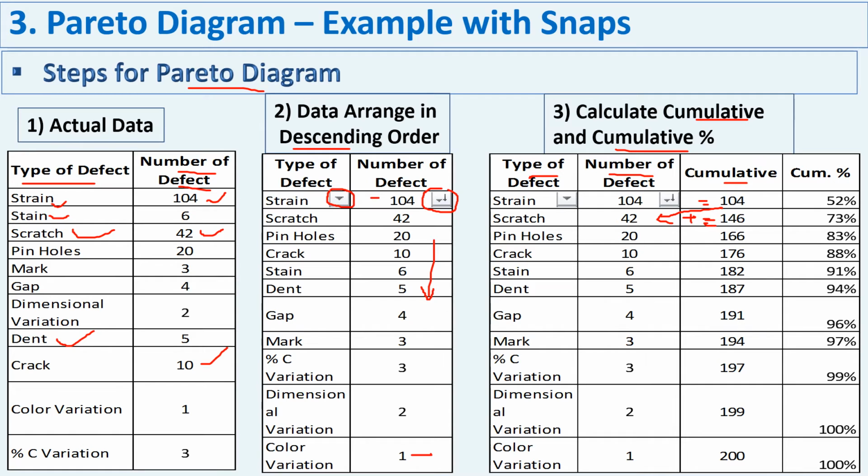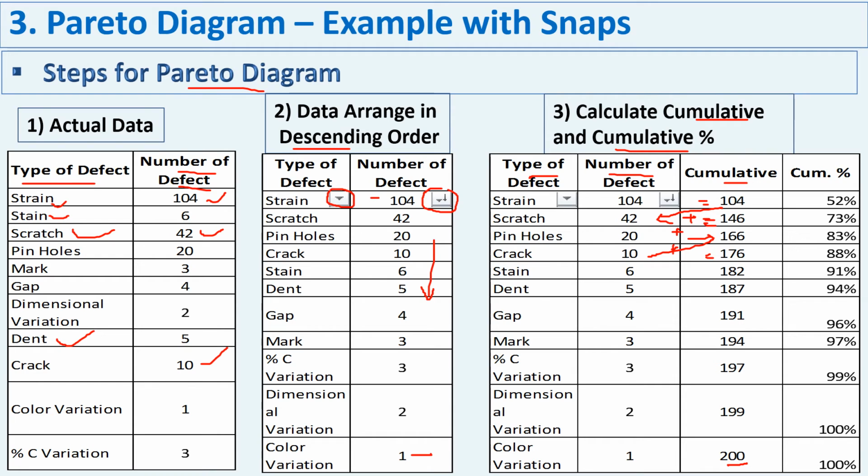How is it 166? 146 plus 20 is equal to 166. How is it 176? 166 plus 10 is equal to 176. Like this we keep adding. It is 200 defects found in car manufacturing.